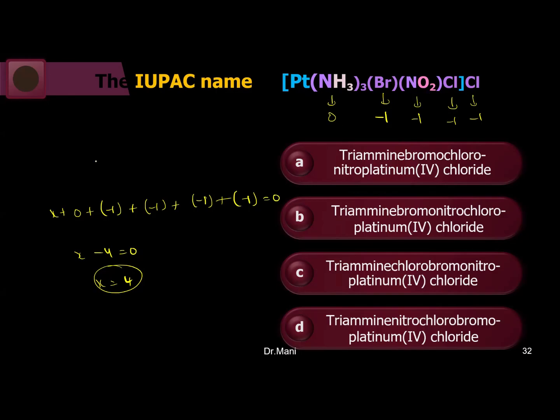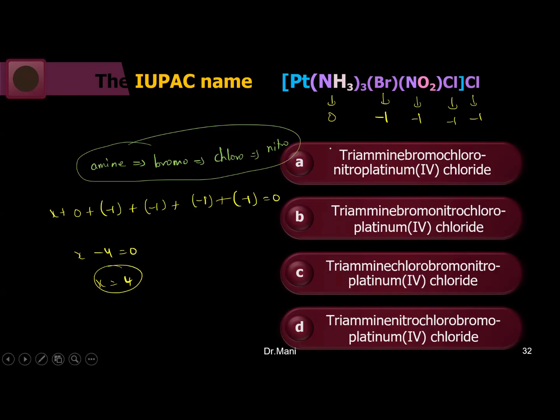So the alphabetical order will be ammine, then bromo, then chloro, then nitro. The central metal atom is platinum, the oxidation state is 4, and the counter ion is chloride. So which option is following it? Option A, sir. Yes, the option is option A.